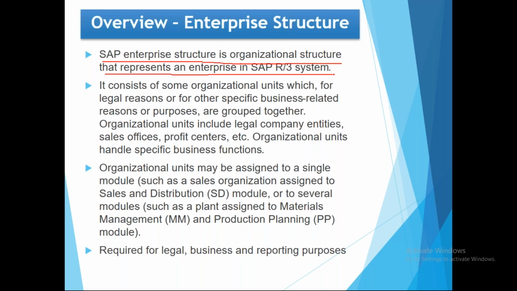Let's say you are working for an organization that may have a lot of different manufacturing sites, distribution centers, HR offices, and godowns in different countries, cities, states, provinces and locations. All those things are mapped into the SAP system using this enterprise structure.